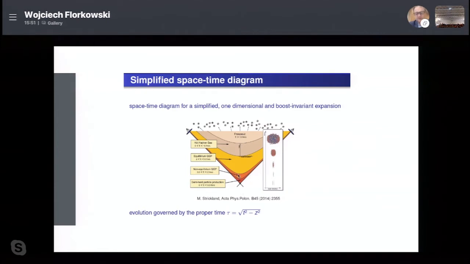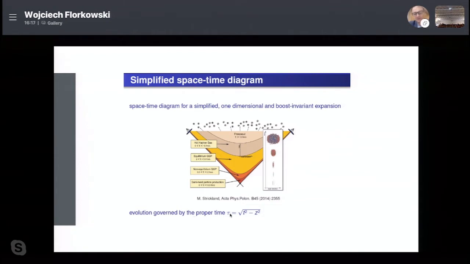So the system which is produced at rest evolves and goes through all states or phases in its evolution. But the system which moves goes again through all those phases, but at later laboratory times. So the evolution is governed by the so-called proper time.